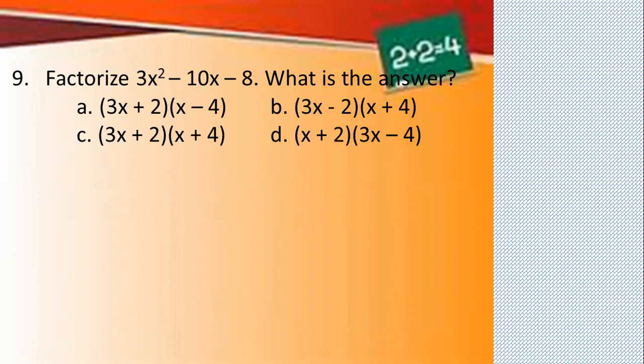Okay. You can use the cross method. Is that A, B, C, or D? Again, factor of 3x squared and negative 8, but make sure that you can get negative 10x in the middle.